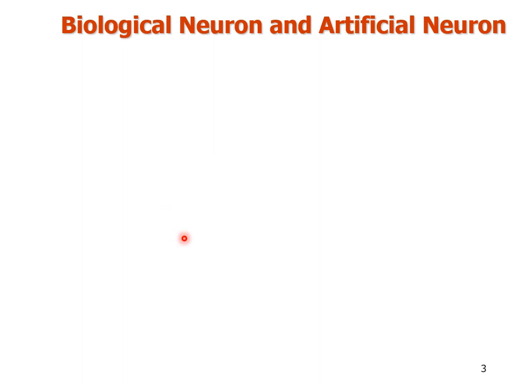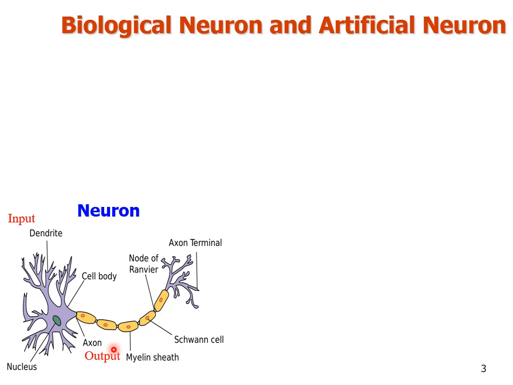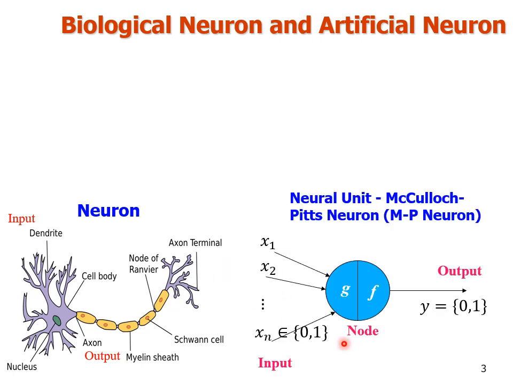Let us see on this slide a picture of a biological neuron wherein we have the important components or parts of biological neuron such as cell body, dendrites, axons, axon terminals and so on. On the right hand side of the slide, let us have a look towards the MP neuron. So here we have a node, the inputs, the interconnections and the output.